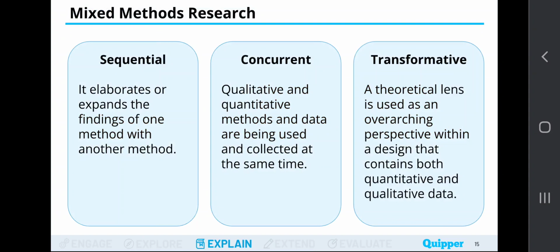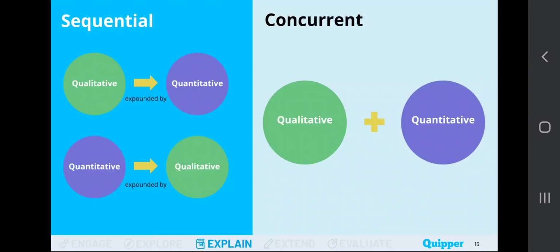In mixed methods, there is always the presence of qualitative and quantitative research or data. In sequential class, qualitative is expounded by the quantitative, while there are also studies wherein quantitative is expounded by qualitative.